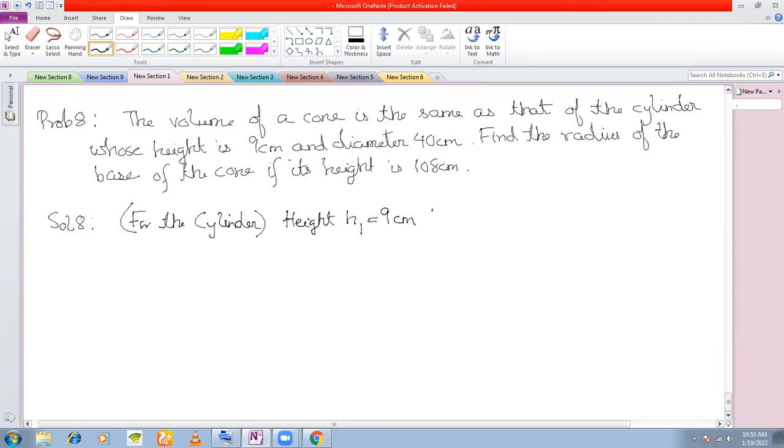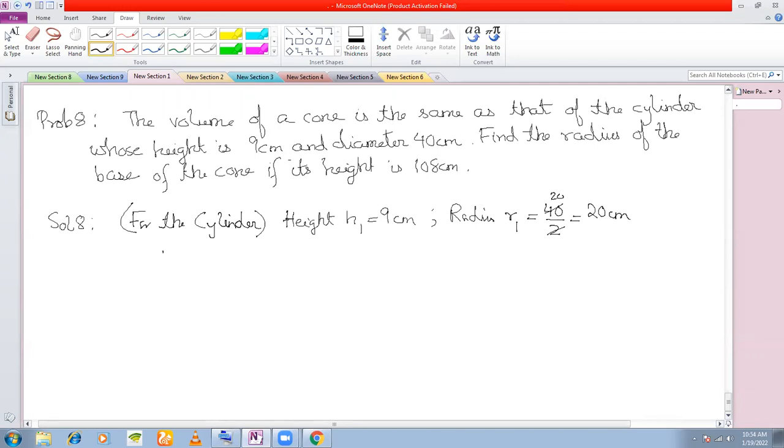And diameter of the base, that is radius, let's call this R1. Diameter of this base of the cylinder is 40 centimeter. That means the radius of the base is 20.